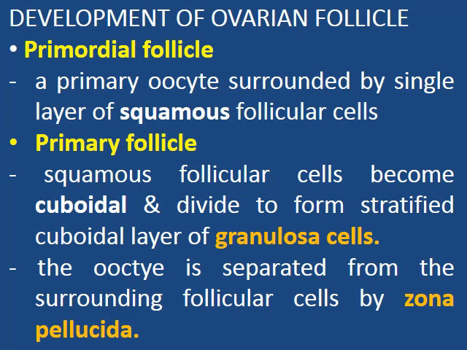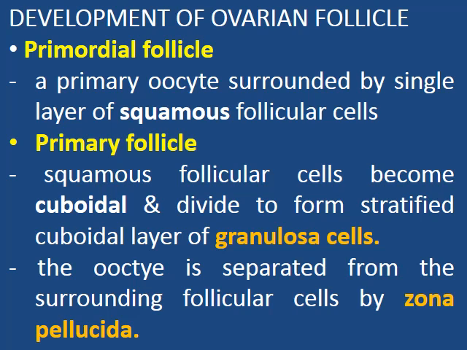Coming to development of ovarian follicle, this part we also discussed in the embryology classes. The first ovarian follicle, that is the most primitive one, is the primordial follicle. Primordial follicle consists of a primary oocyte surrounded by a single layer of squamous follicular cells.